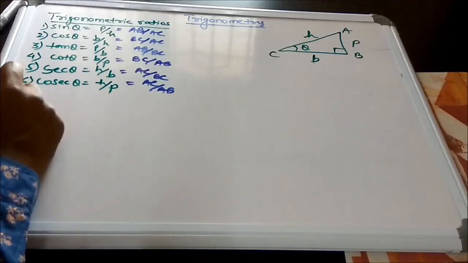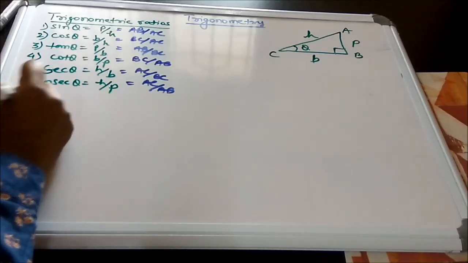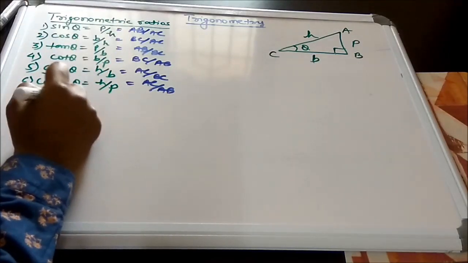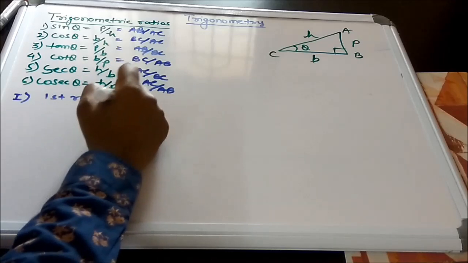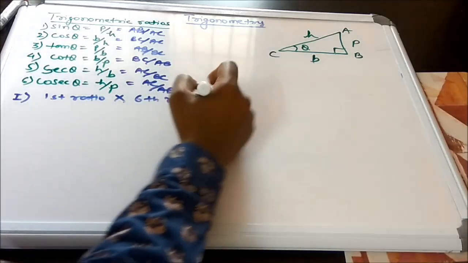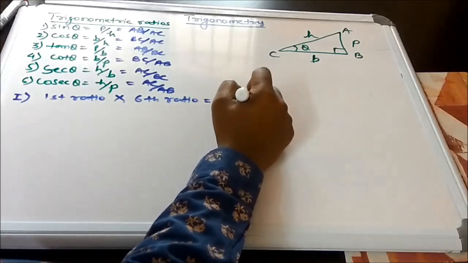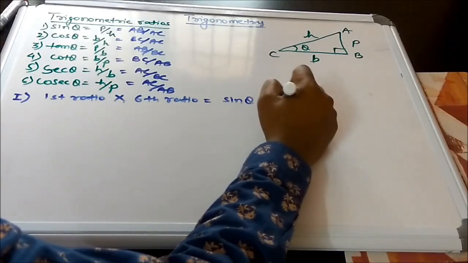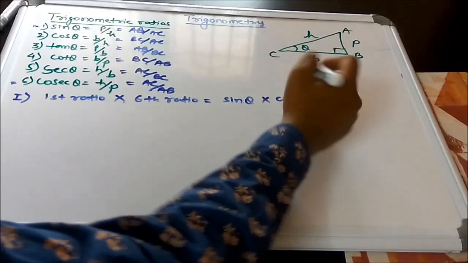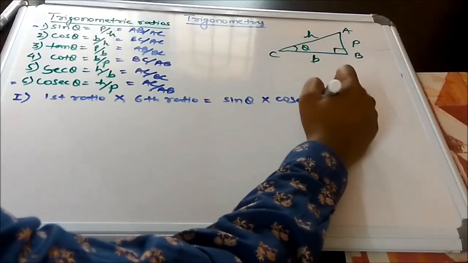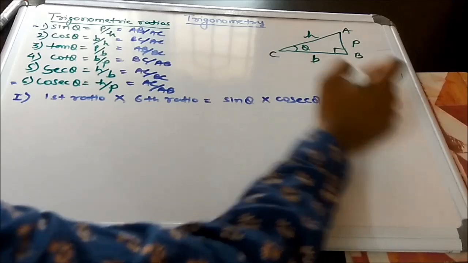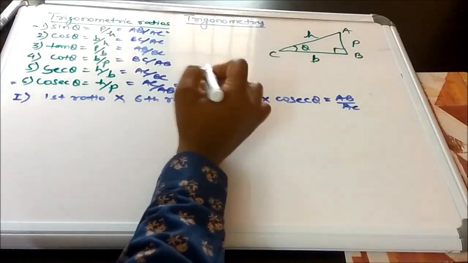So first relation, if you try to see, suppose we multiply first ratio with sixth, that is sine theta into cosec theta. First ratio is here, sixth ratio is here. We are multiplying both, sine theta into cosec theta equals AB by AC into AC by AB.